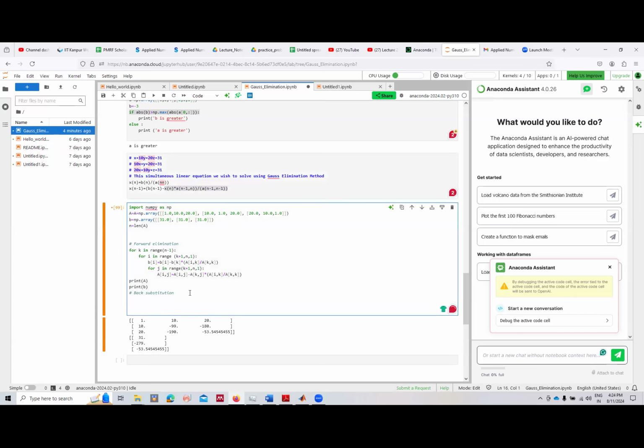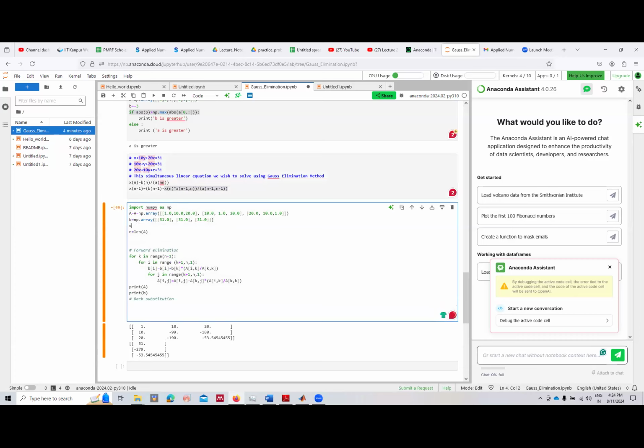So first what I will do, now I need to find the x values, value of unknown. So I just defined a x vector, x equal to np dot zeros.